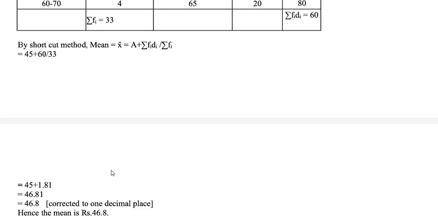After one step of calculation, you will get 46.8. Up to 2 decimal places it is 46.81, but the question paper is asking for up to 1 decimal place, so 46.8 will be the answer.